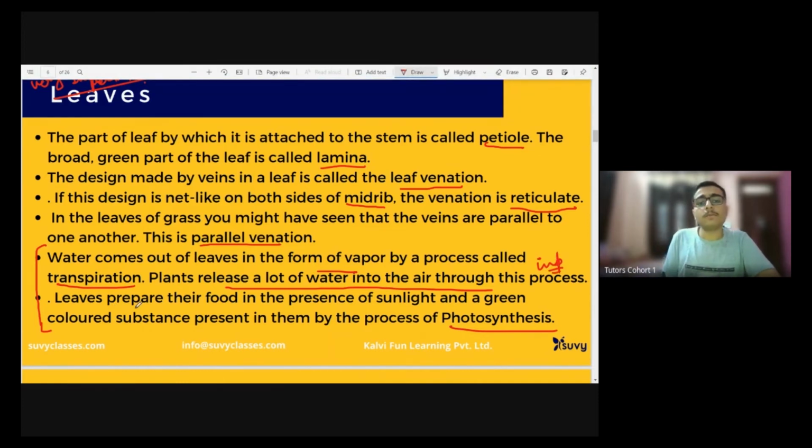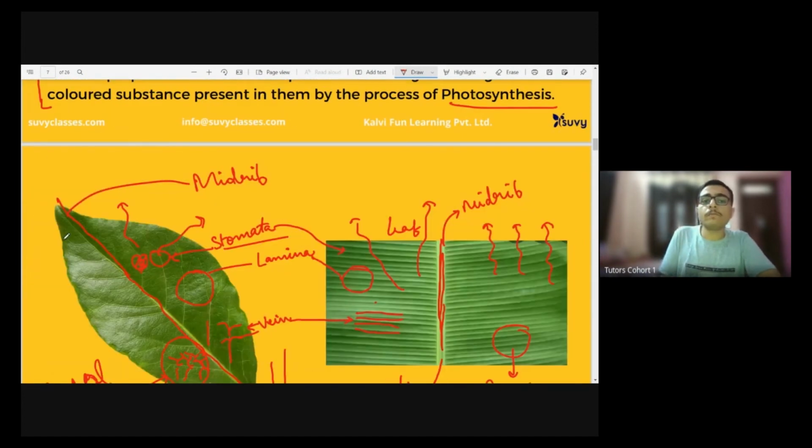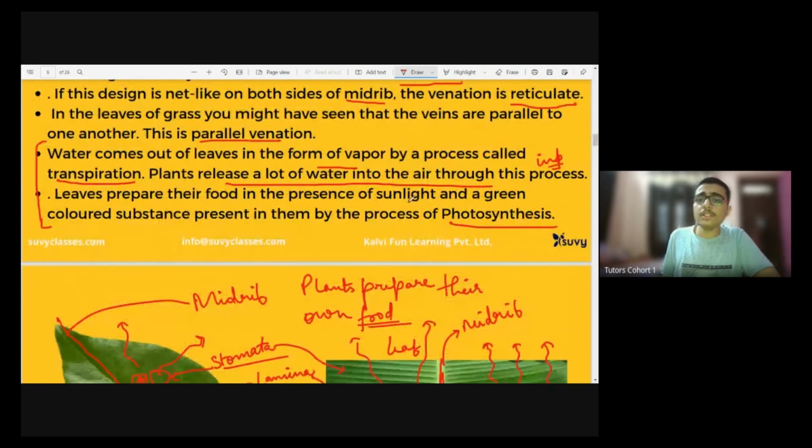Leaves prepare their food in the presence of sunlight. As I said, plants prepare their own food by the process of photosynthesis. In this process, sunlight is very important.